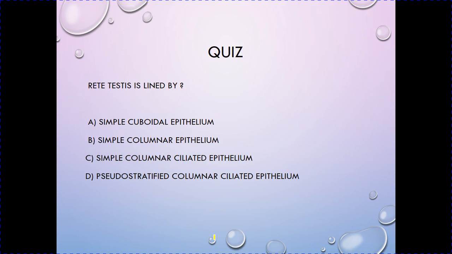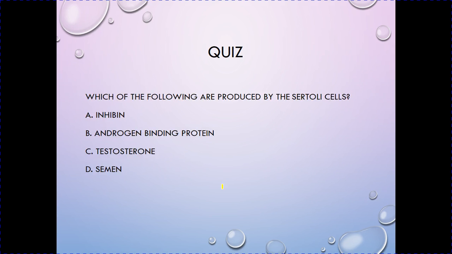There is a small quiz for you. The rete testis is lined by: simple cuboidal epithelium, simple columnar epithelium, simple columnar ciliated epithelium, or pseudo-stratified columnar ciliated epithelium? Another question: which of the following are produced by the Sertoli cells?